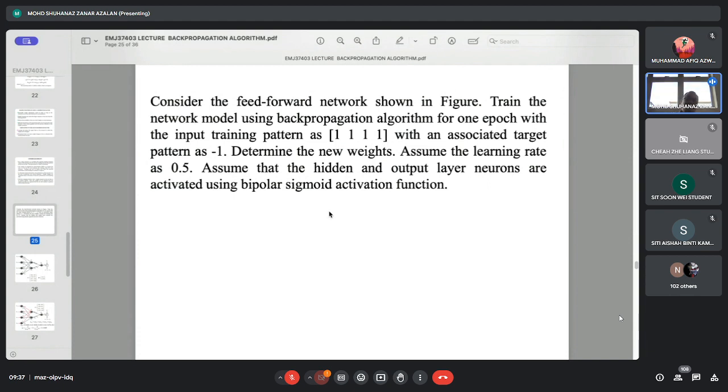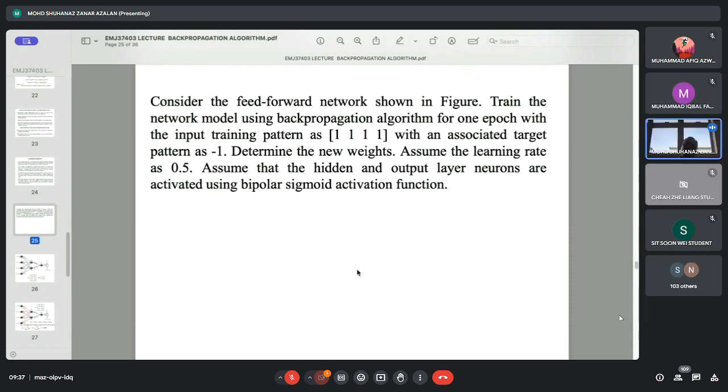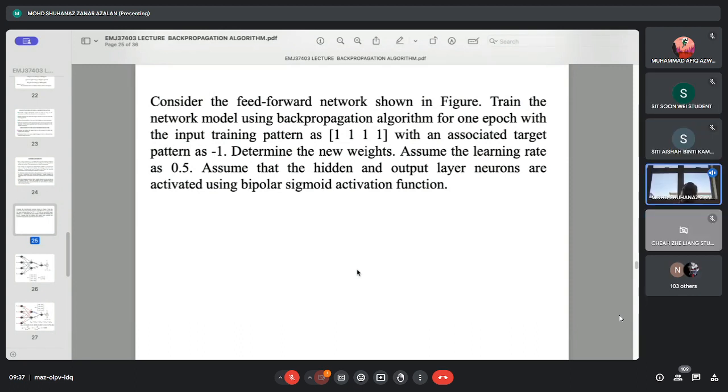Bipolar or binary? It uses bipolar data. Because the target is -1, and we have only 1 output layer here, the possible values of the output are either -1 or 1. So it is bipolar data.